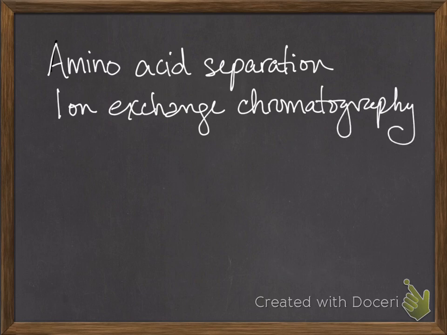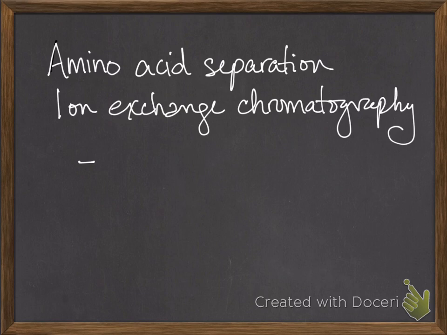And this is the experiment you do when you want to figure out the sequence of amino acids in your protein. You do this experiment before the actual sequencing experiment with Edman degradation or the Sanger method.